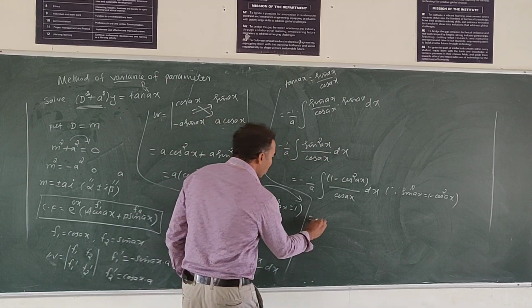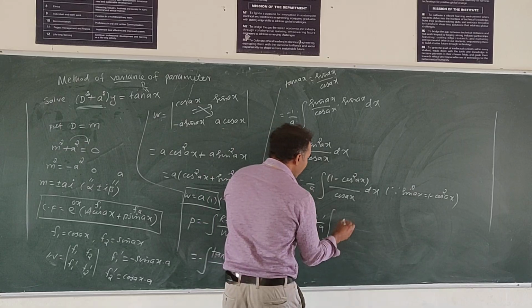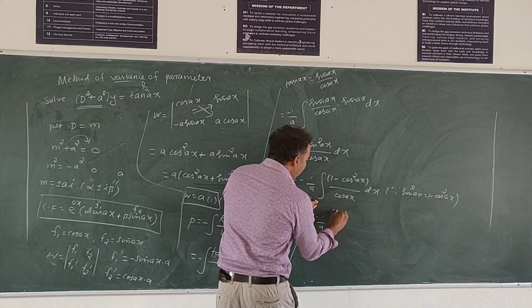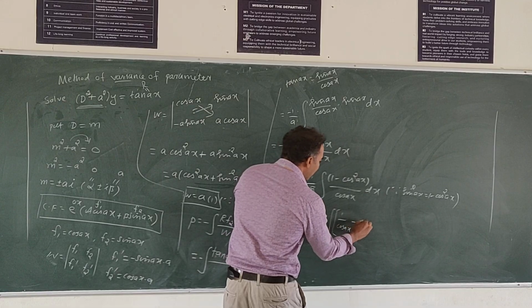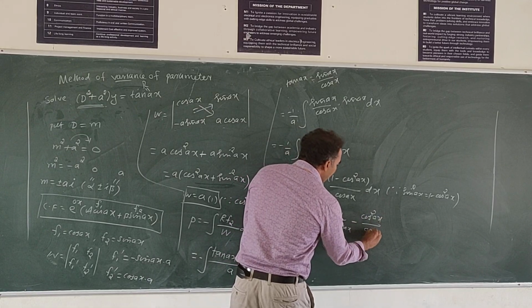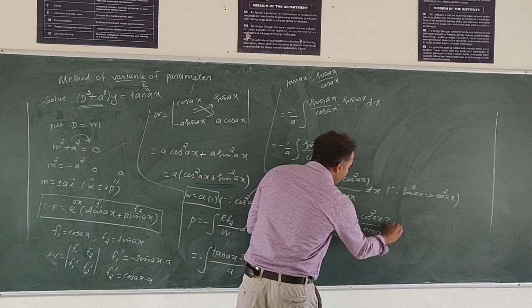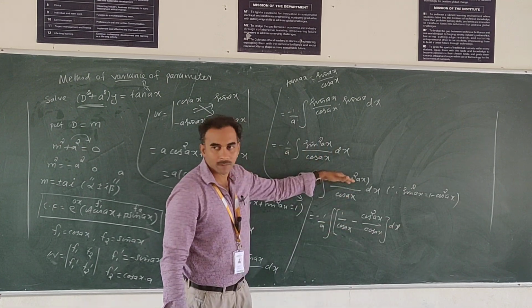Next, split the term: −(1/a) ∫ (1/cos ax − cos² ax / cos ax) dx. We can split the term; if you take the LCM, we will get the same term.